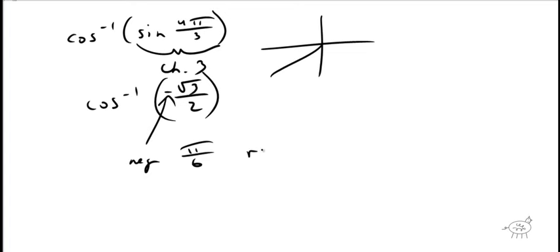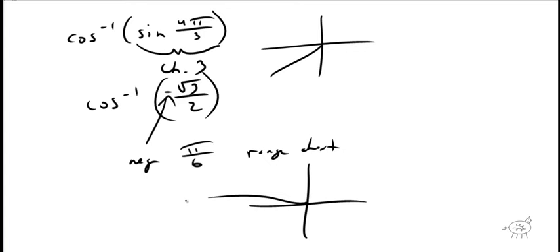look at the range chart. And so I'm negative pi over 6. Don't you guys agree I'm over here? Okay, because cosine is negative here, and the range chart says pi minus the reference angle, or pi minus pi over 6. So my answer to this problem, this top guy here, is 5 pi over 6.